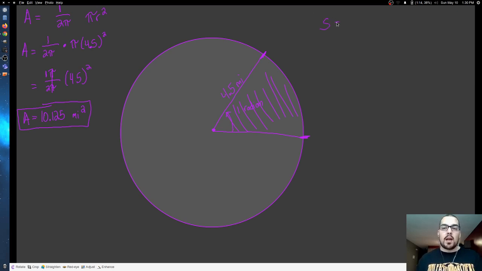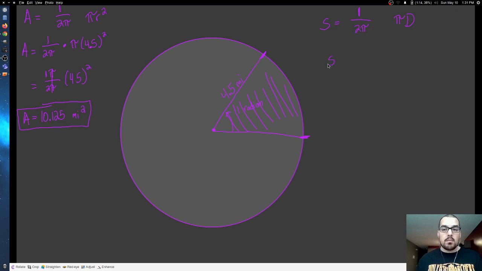Now let's do arc length. The full circle would be pi times the diameter, but I don't have the full thing. Instead, I have 1 radian out of a possible 2 pi radians.